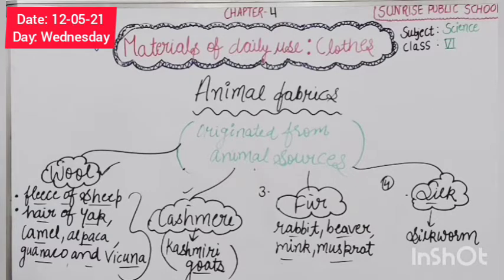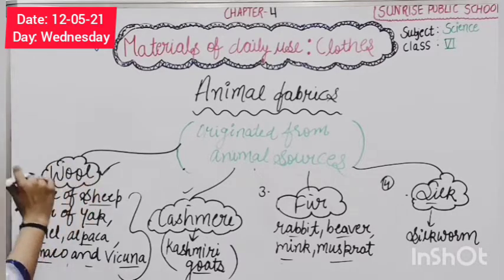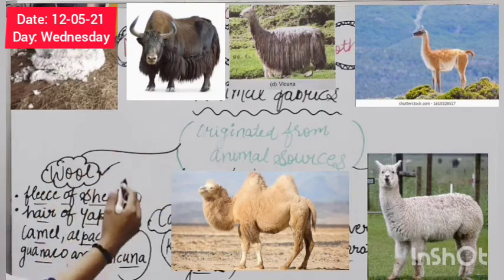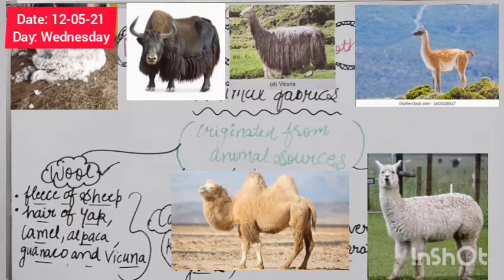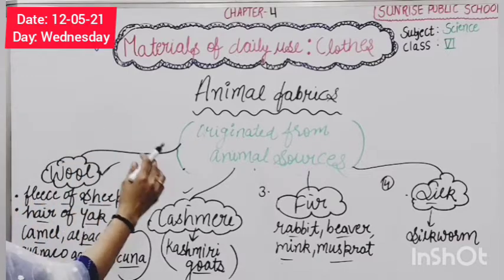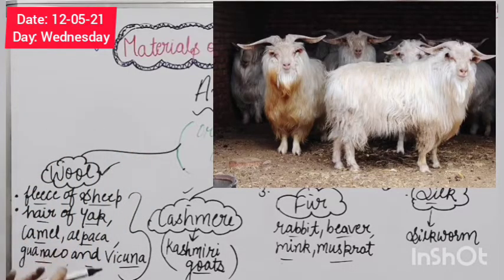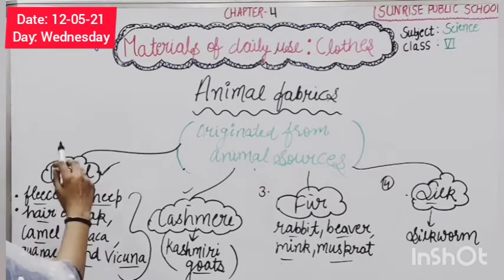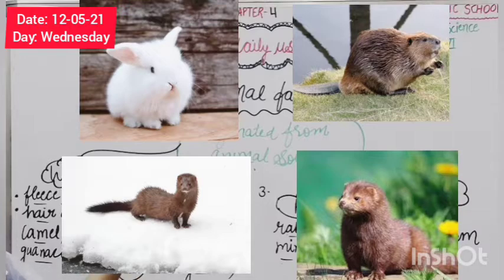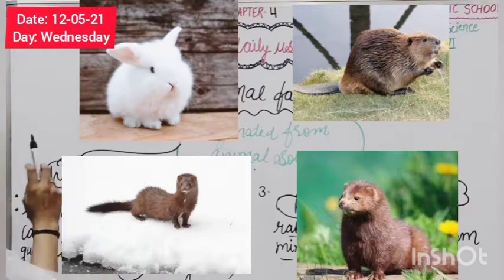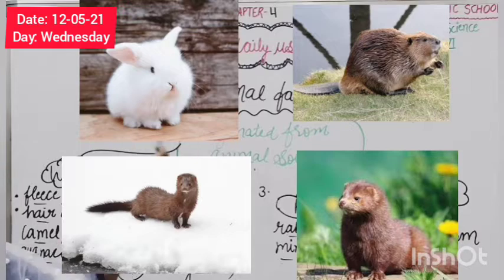As you can see in the picture of wool, from these animals wool is obtained. Now these are the Kashmiri goats from which cashmere is obtained. And third, these are the animals from which fur is obtained: the first is rabbit, the second is beaver, the third is mink and this is muskrat.